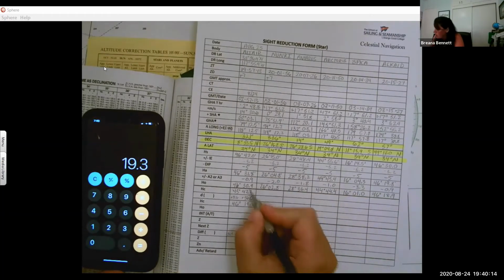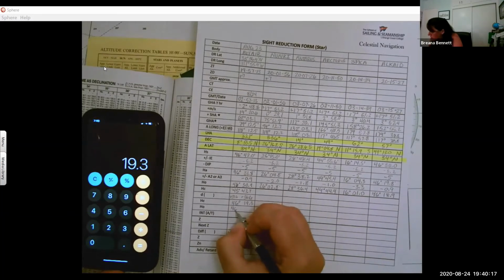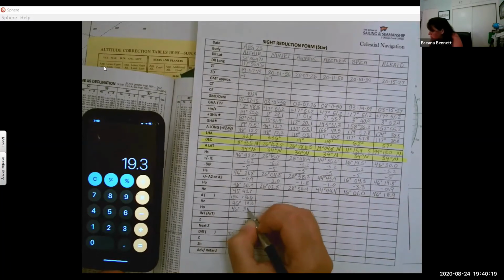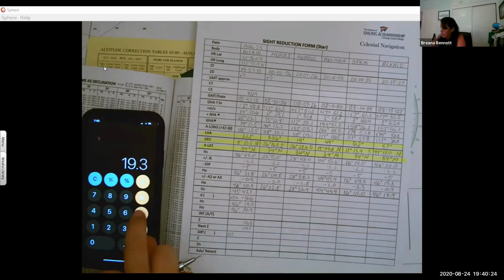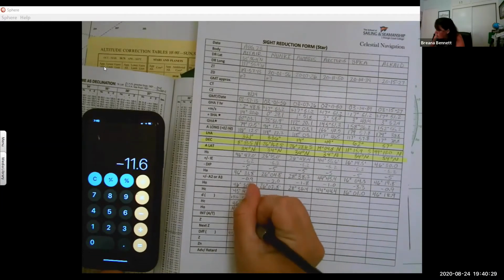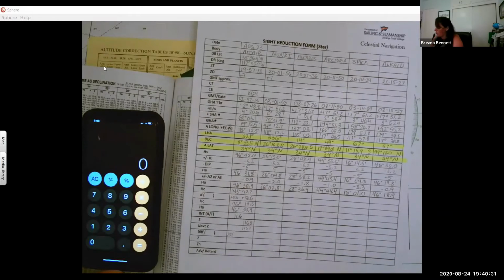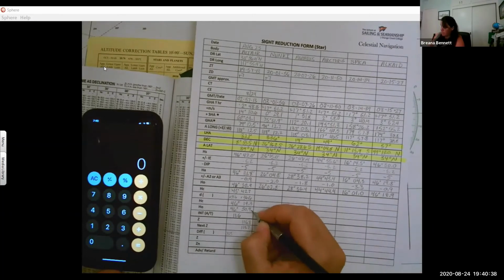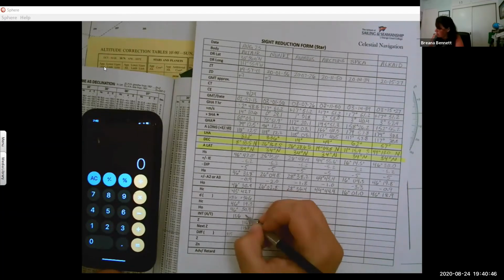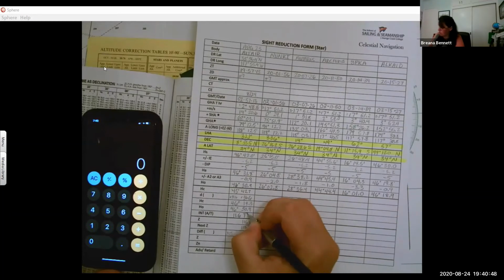HO was 46 degrees, 30.9. So I subtract 30.9, I get 11.6. And are we away or towards? Are we Ho-mo-to? Our HO is bigger. Is that right? Yes. Our HO is bigger, so we are towards.